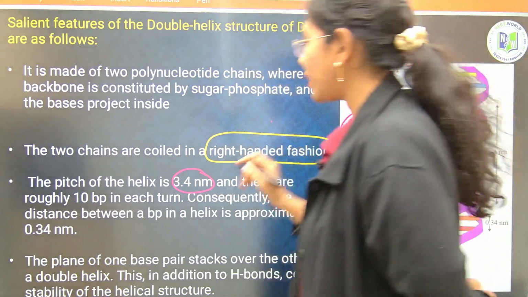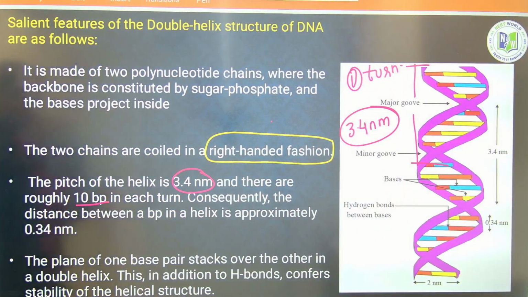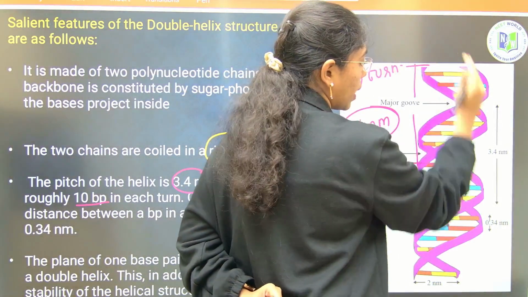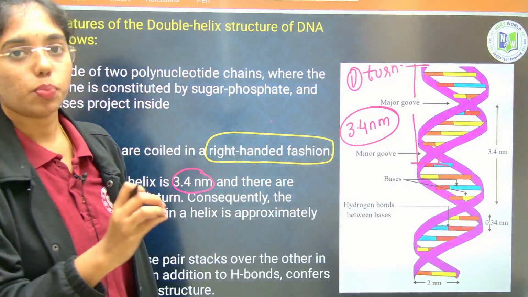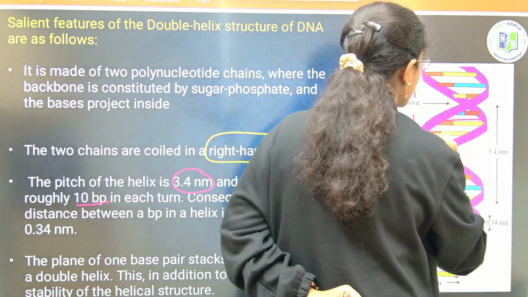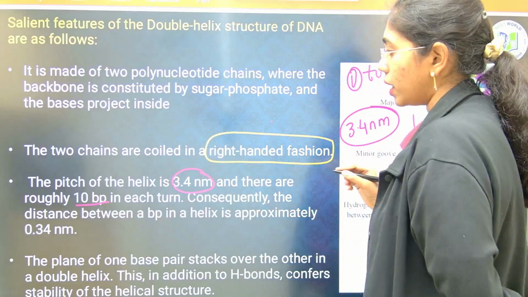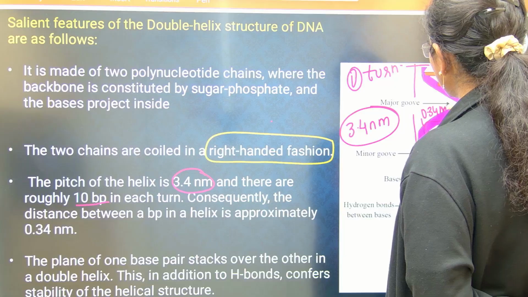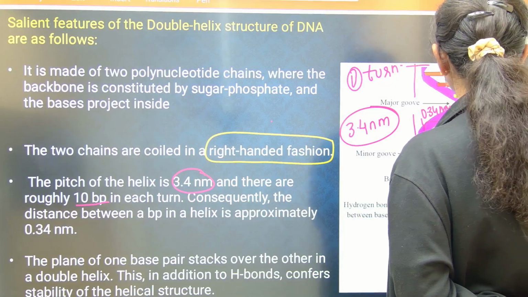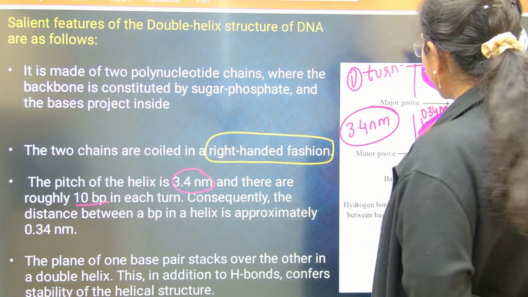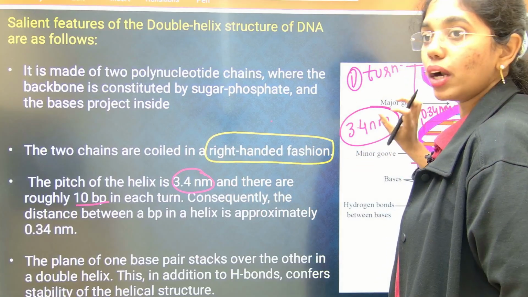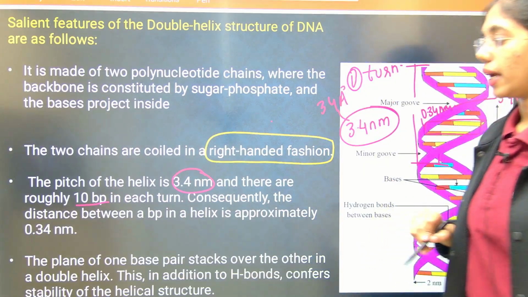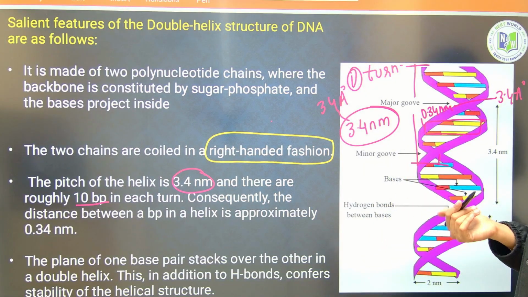So in one complete turn we have 10 base pairs, and the distance between two base pairs is how much? 0.34 nanometers or 3.4 angstroms is the distance between two base pairs, and in one complete pitch the distance is what? 3.4 nanometers, which is 34 angstroms. Remember that. Converting from nanometers to angstroms will be easy for your calculations.